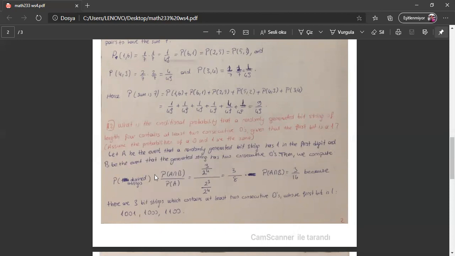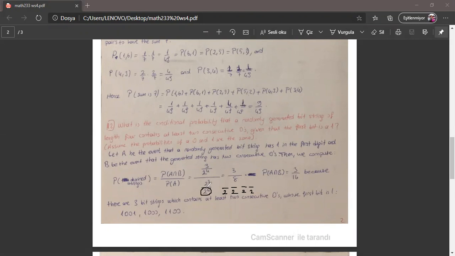As we want to compute this conditional probability, we need to compute this. So P of A here is 2 to the 3 over 2 to the 4. Why? Here we have all outcomes: we have 4 digits, and each one has 2 outcomes, so in total we have 2 to the 4.